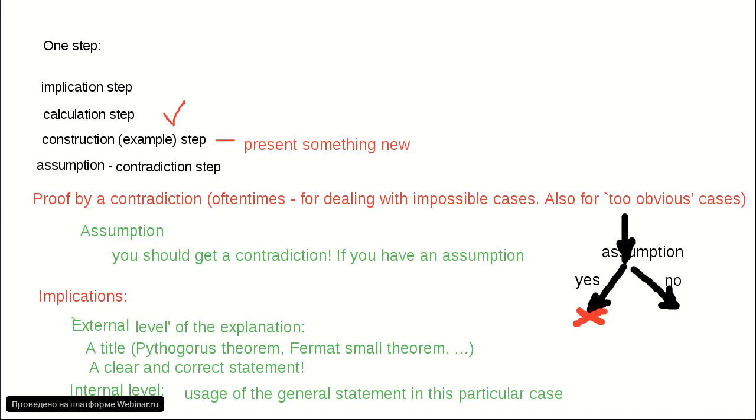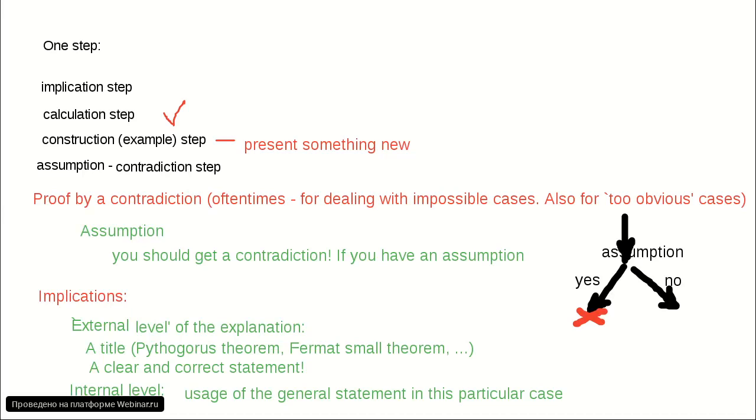That is implication or direct proof step. It's calculation, when you do some arithmetics. Another type is construction or example step, when you bring a new structure to your perspective, to the scope of your consideration.